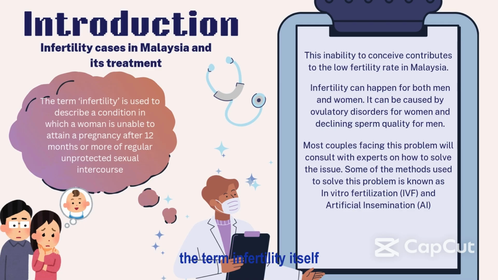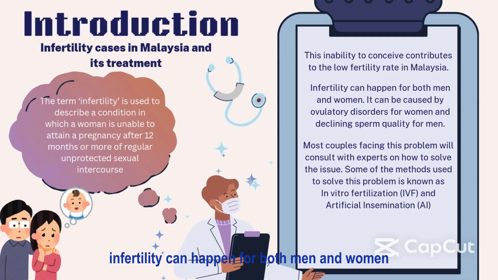The term infertility itself is used to describe a condition in which a woman is unable to attain a pregnancy after 12 months or more of regular unprotected sexual intercourse. Consequently, this inability to conceive contributes to the low fertility rate in Malaysia.